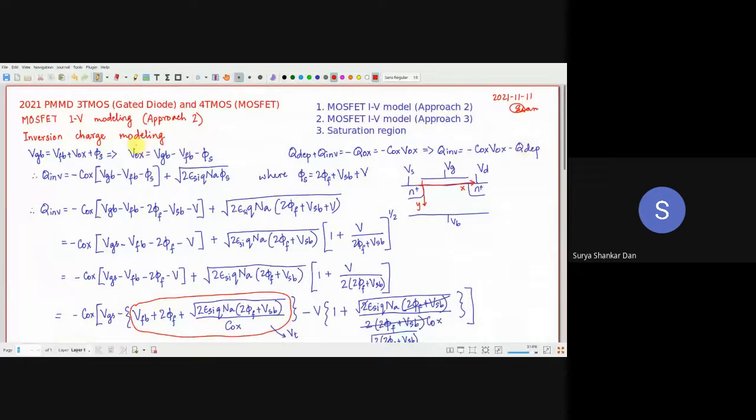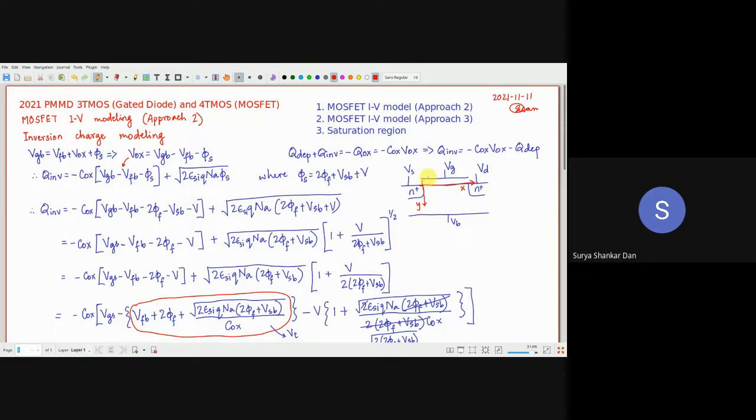Now from this potential balance, we are going to replace this Vox over here. That's what I've put over here. And then the Q depletion expression is this one. We have derived this in the previous lecture. Once we have this, we always have to keep in mind that the surface potential is 2 phi f plus VSB plus V, where this V is dependent on the VDS value.